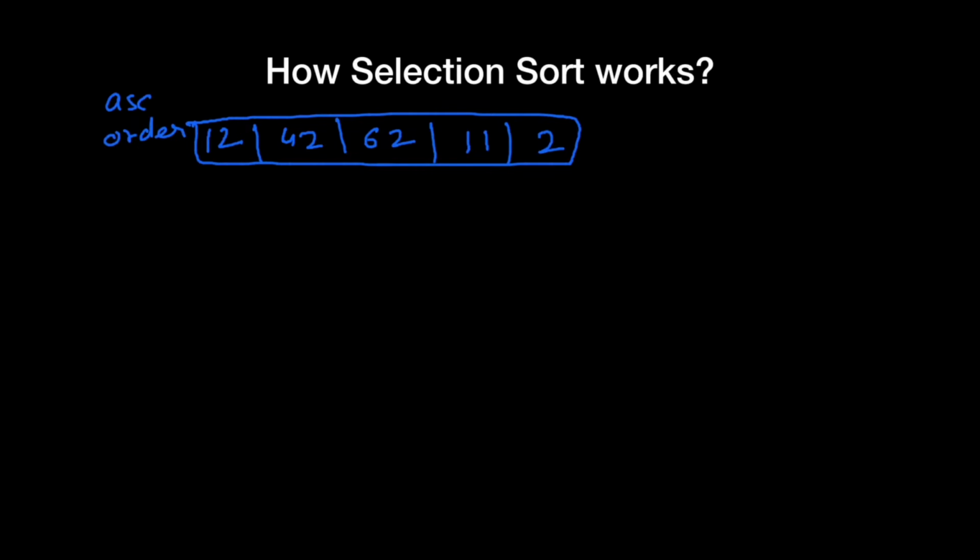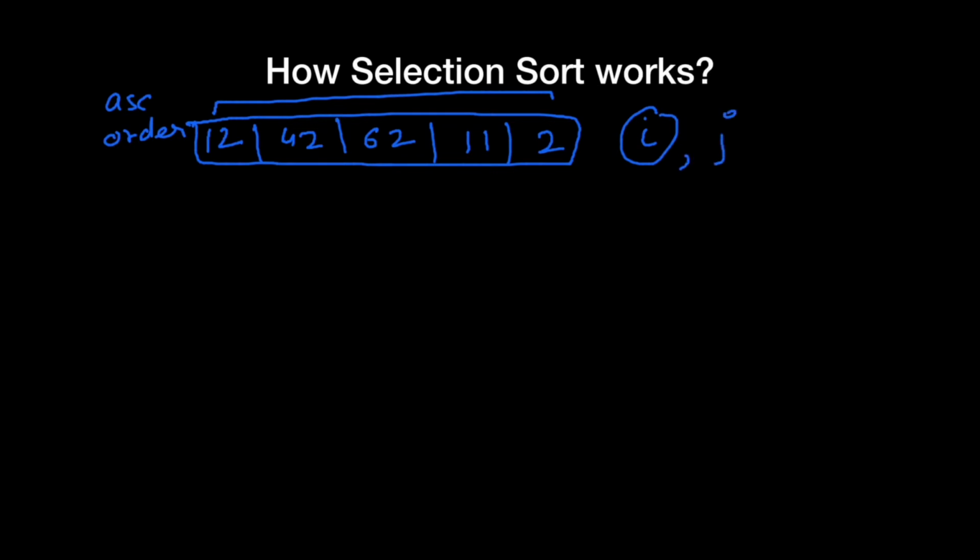So there are four variables that we need to take care of while we are executing selection sort. One would be the ith variable, which would be taking care of the number of iterations that we perform. So we'll be going from the first element to the last element in this i variable.